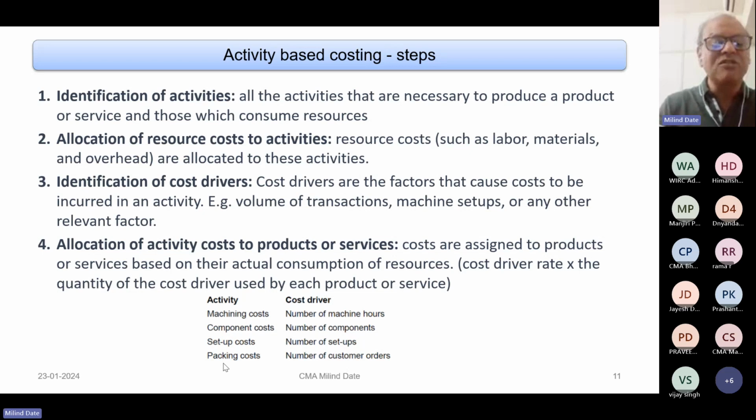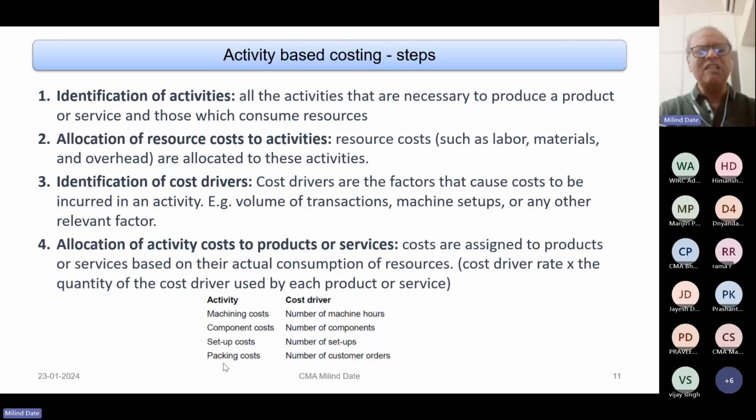Setup related costs would be based on number of setups. Packaging costs could be based on the number of customer orders. So a driver is an element that is very closely linked to an activity, which makes it much more scientific than our traditional way of doing it.